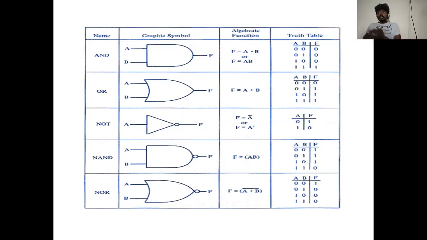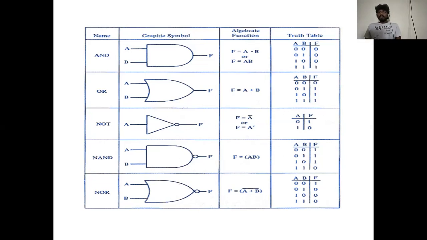You can see the difference in truth table between AND and NAND function. For AND gate, see the truth table, you can look over there. For AND gate, if the input is 0, 0, the output is 0. Similarly, in the case of NAND gate, if the input is 0, 0, the output is 1, right? Similarly, the inverting logic of OR is NOR, right?